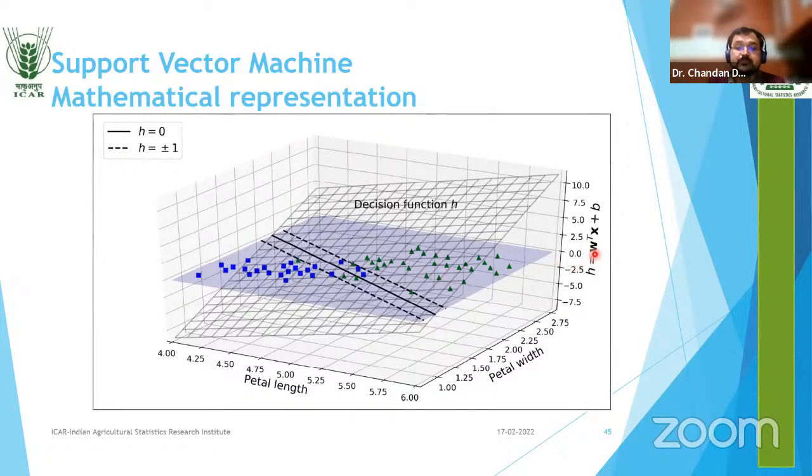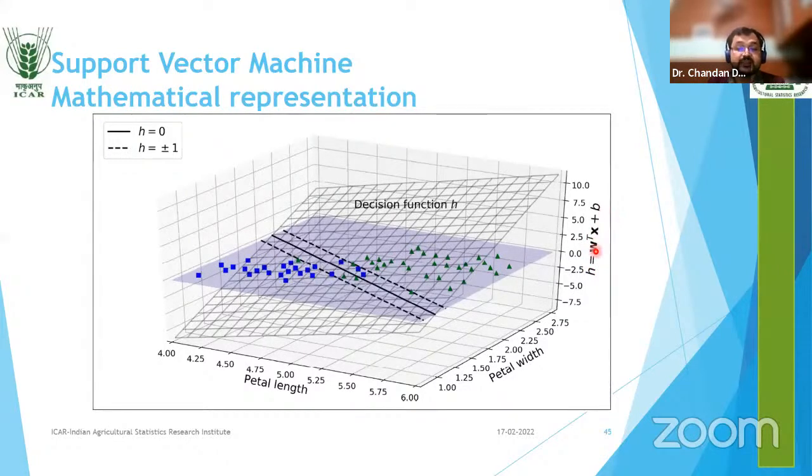And how does the machine learn? We have this X and we also have this H, but whenever we give the training instances of X and H, it will automatically identify the WT and B.